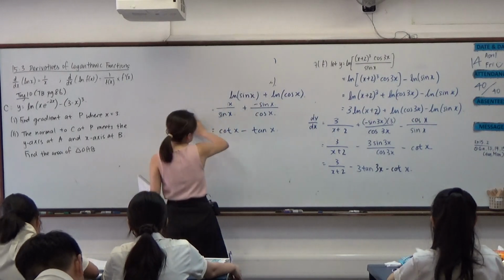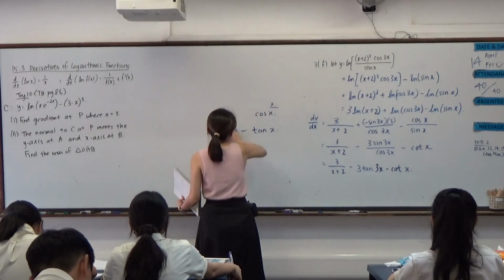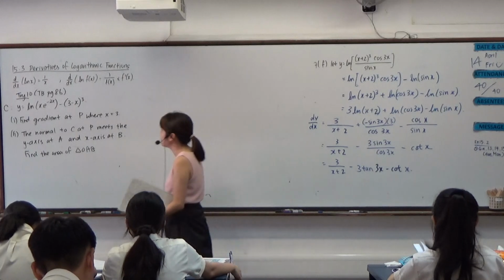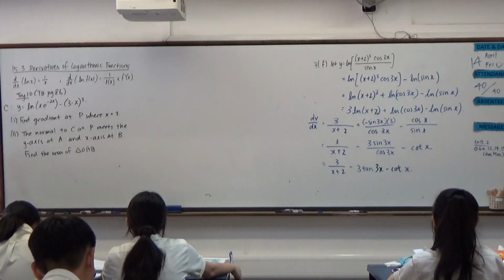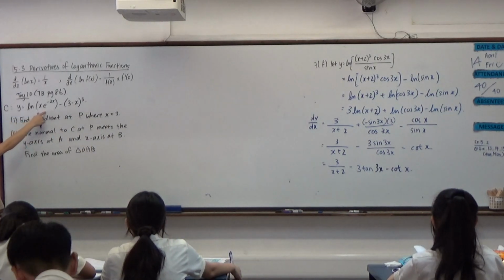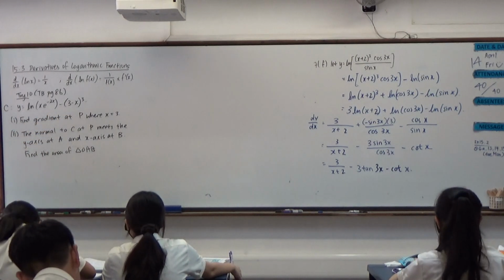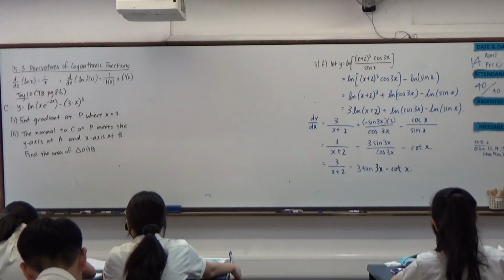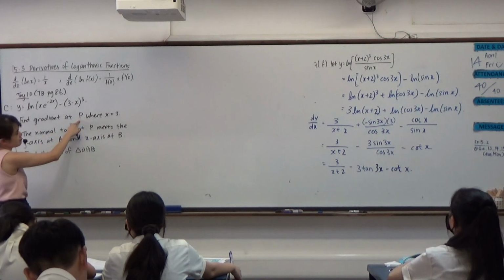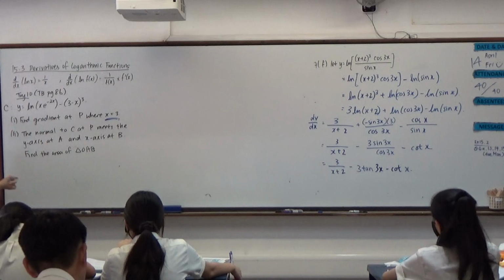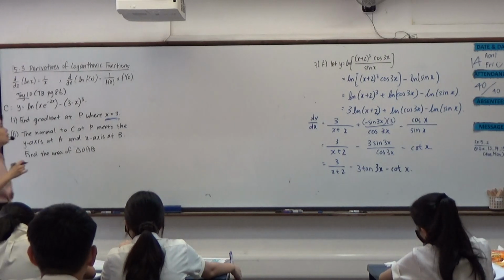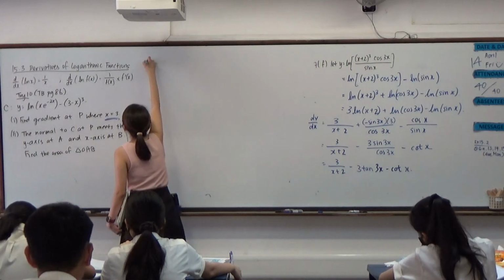At the start of the question, it says the curve is given by the equation y equals ln of x e to the power negative 2x over 3 minus x cubed. We want to find the gradient at P, where the x coordinate is 3. So we first need to find the derivative.